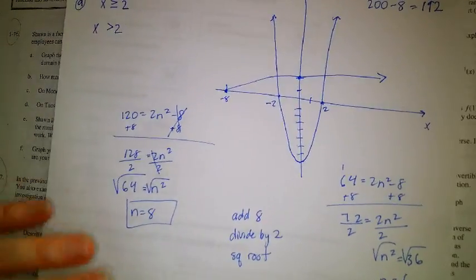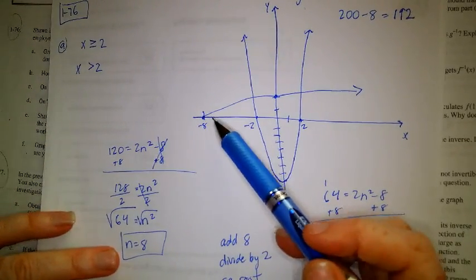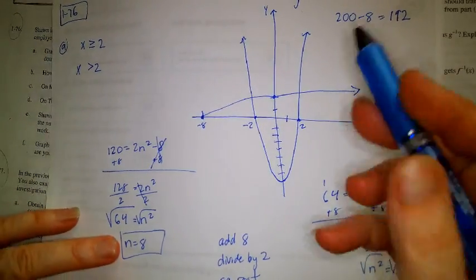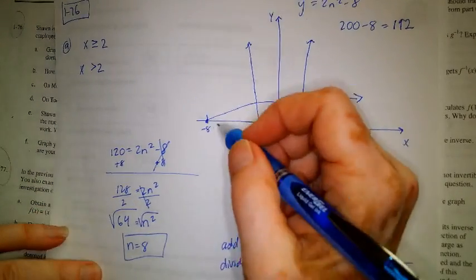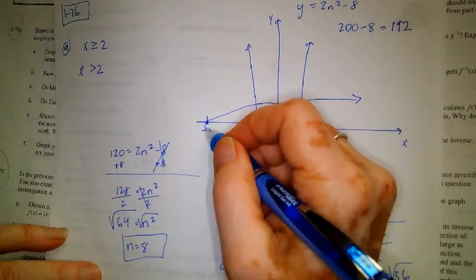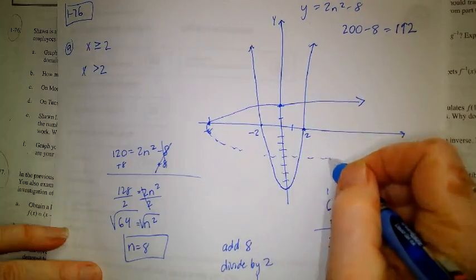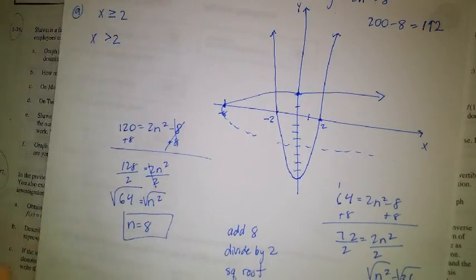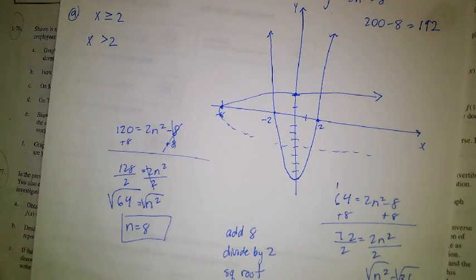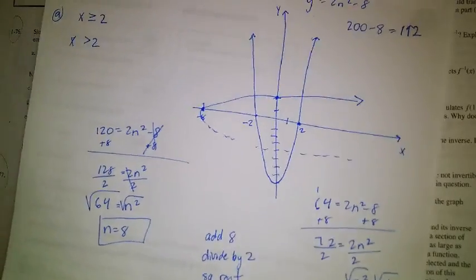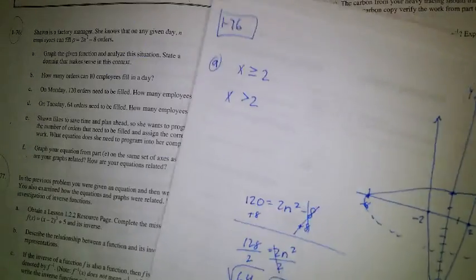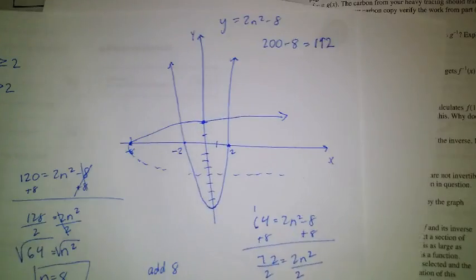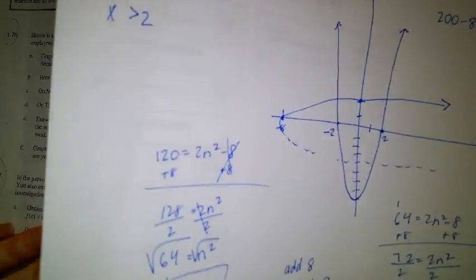What I got was something that looked like this, and if I would have allowed the negative numbers in, it would have actually gone down like this too. And those are inverse functions, and there's a lot of other interesting things about the inverse functions, but I don't want to just spill the beans. I'll let you guys discover some of those.